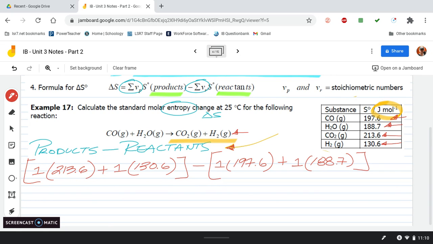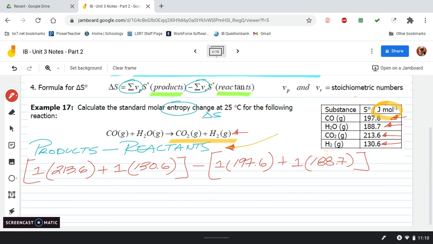So, okay, 213.6 plus 130.6, and we hit enter. Now we hit minus, in parentheses, 197.6 plus 188.7, and we hit enter.